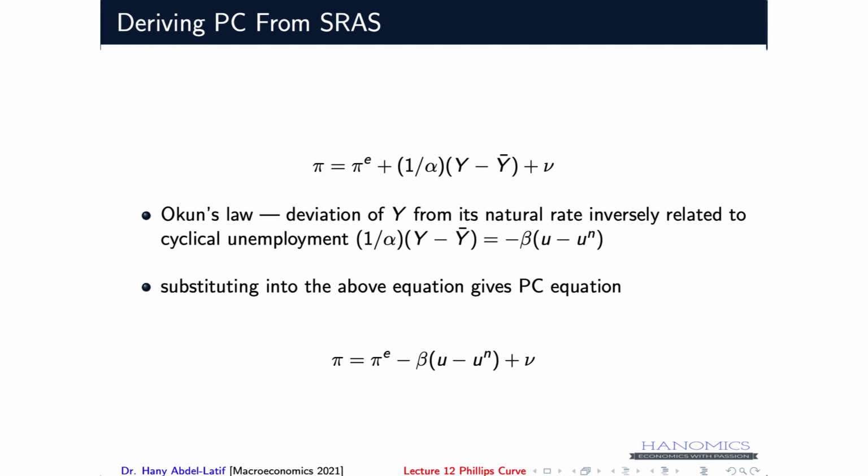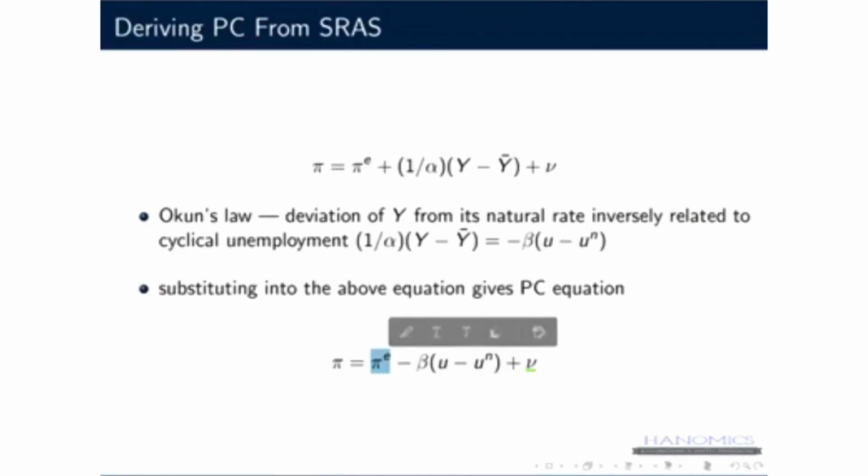So again, if people don't expect inflation to rise, the expected inflation is very tiny, almost 0, and then if you just ignore supply shocks, that would result in the inflation rate depending on this part here, which is exactly what the 1960s relationship between the inflation rate and the unemployment rate was referring to.